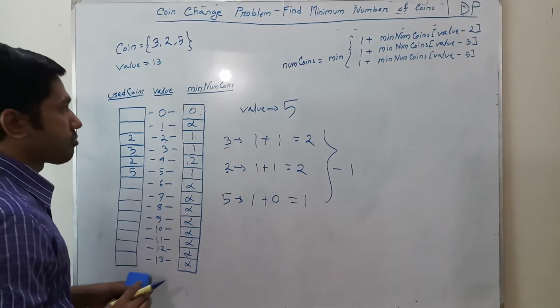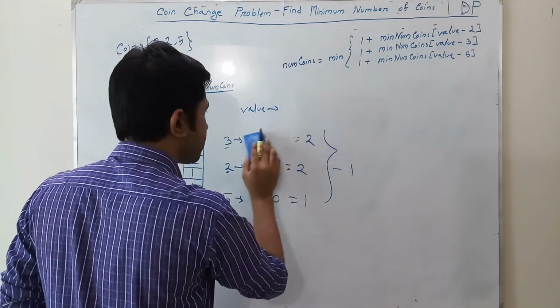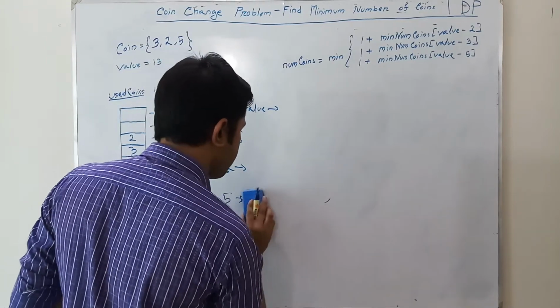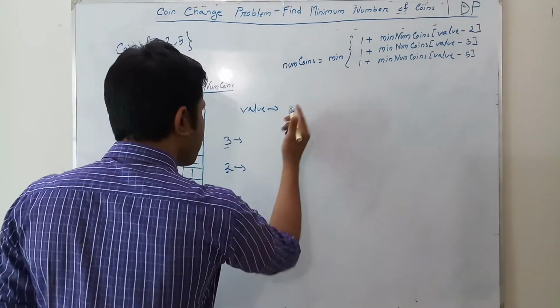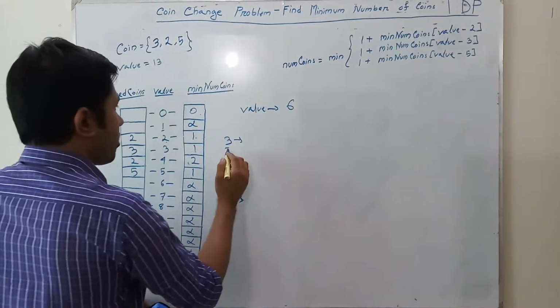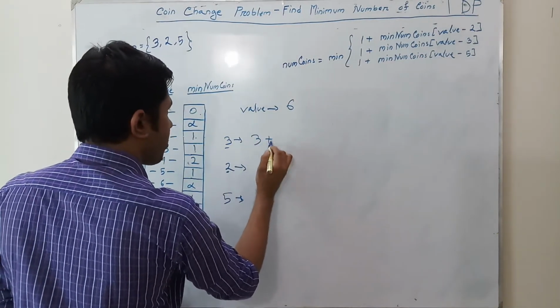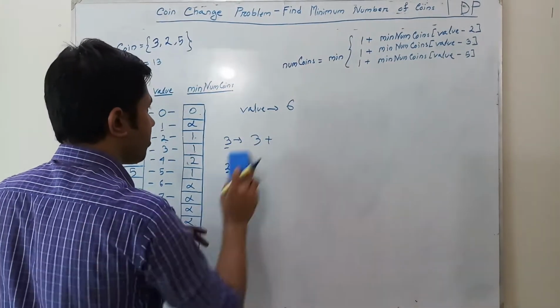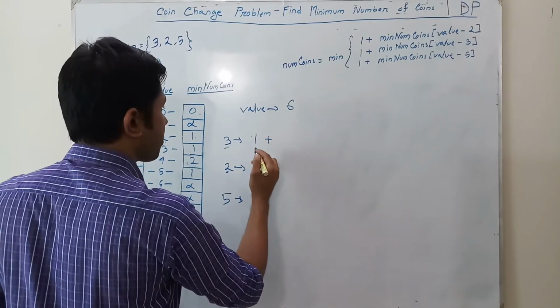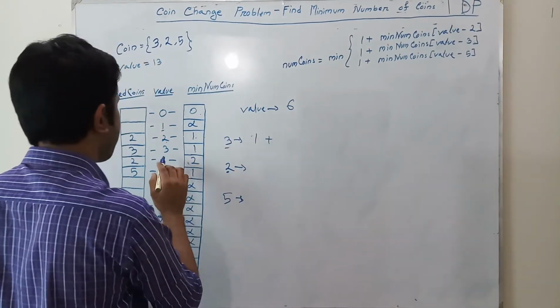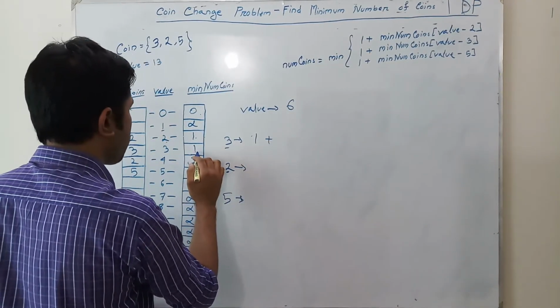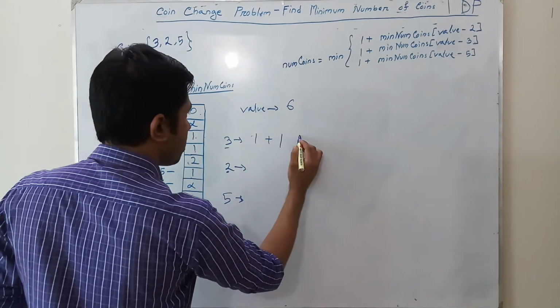So to make the value 5, we need to use at least 1 coin, and the used coin will be here 5. When the value will be 6, after using 3, we have remaining value 3, and for the 3 the minimum number of coins we need here is 1.